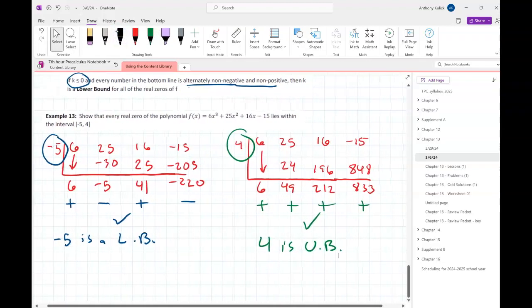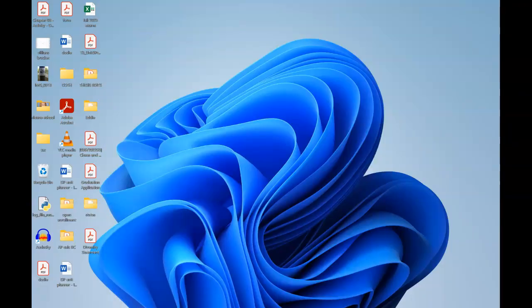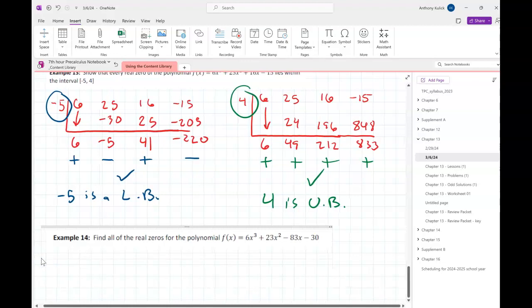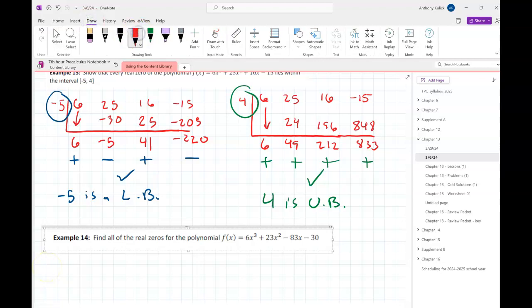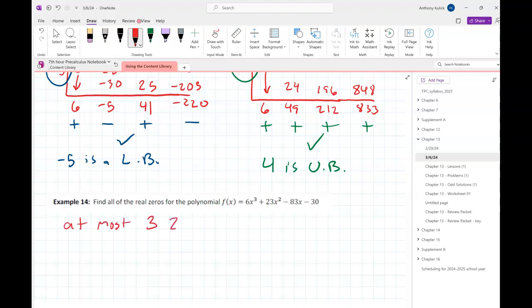All right. So let's do an example now of actually finding these zeros. Because this is a degree 3 polynomial, I know I have at most 3 zeros, right?